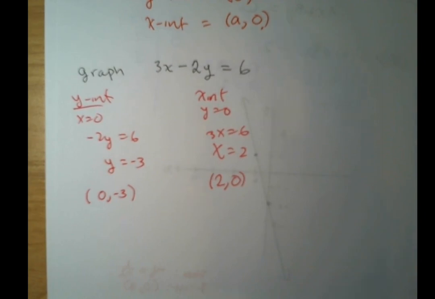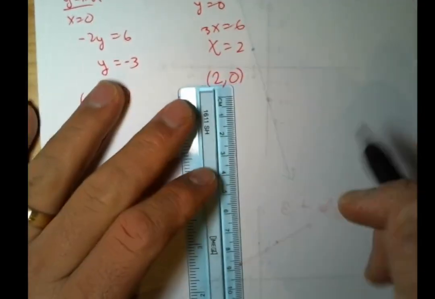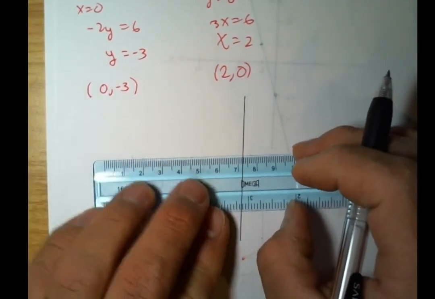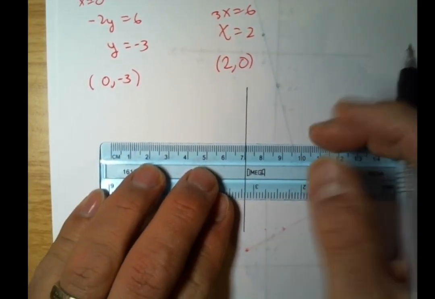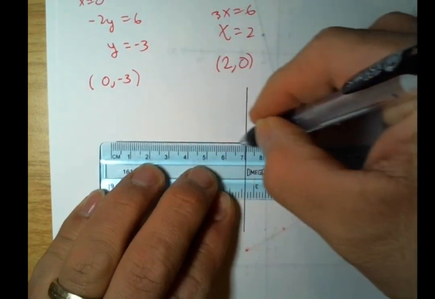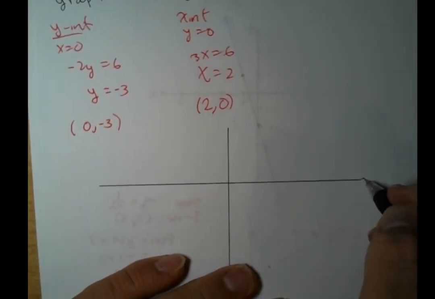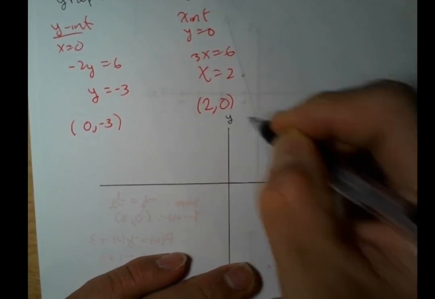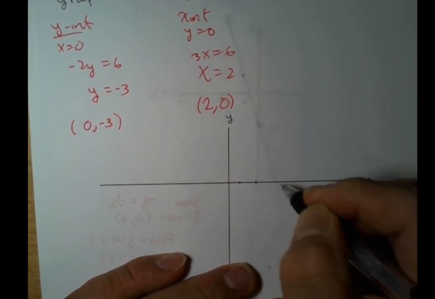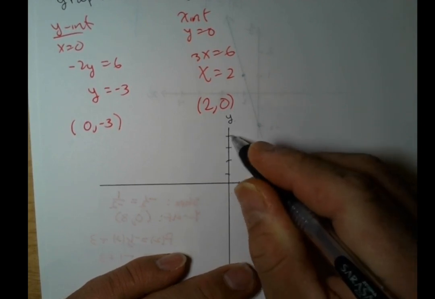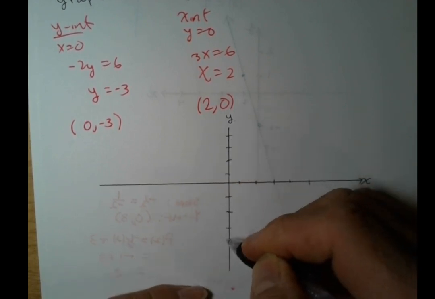Now let's plot this line. All right, and then here, again, x, y, 1, 2, 3, 4, 5, 1, 2, 3, 4, 1, 2, 3, 4.